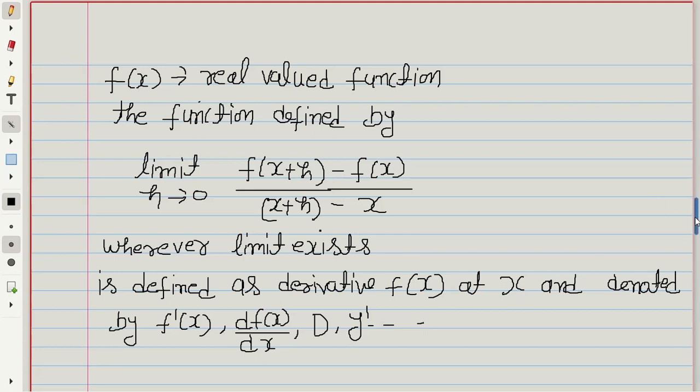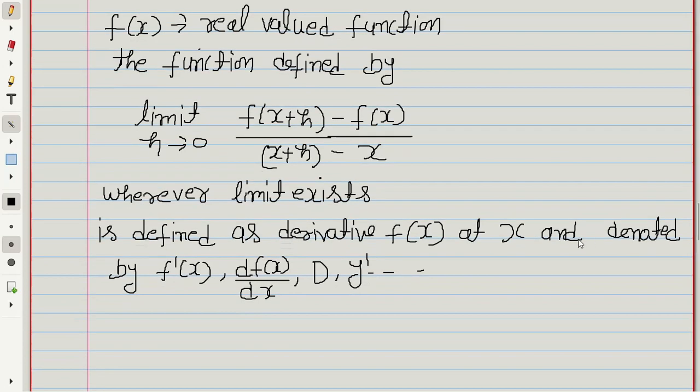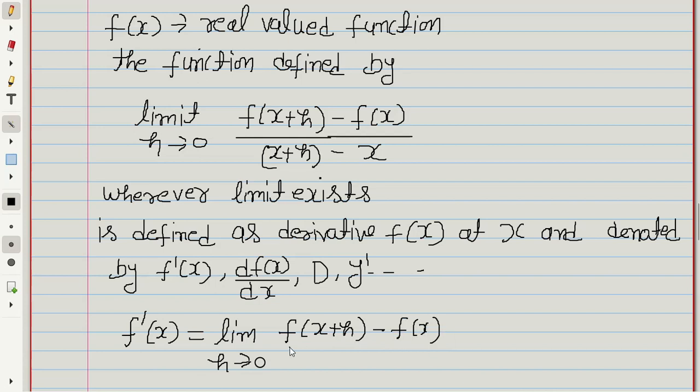So finally you can say that f dash x, that means the derivative of f, is equal to limit h tends to 0 of f(x plus h) minus f(x) upon (x plus h) minus x.